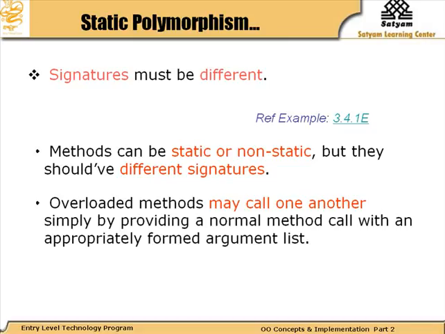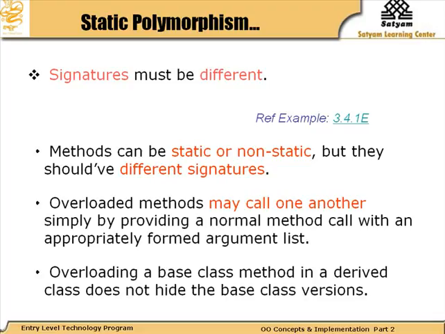Overloaded methods may call one another simply by providing a normal method call with an appropriately formed argument list. Overloading a base class method in a derived class does not hide the base class versions.